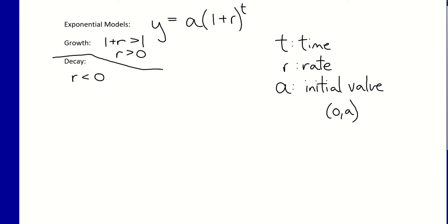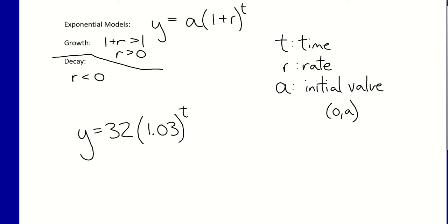For example, in the function y equals 32 times 1.03 to the t power. The questions that could be asked are, is this growth or decay? And what is the percent growth or decay?